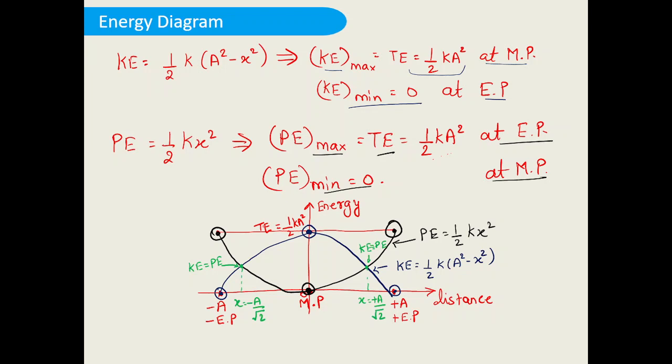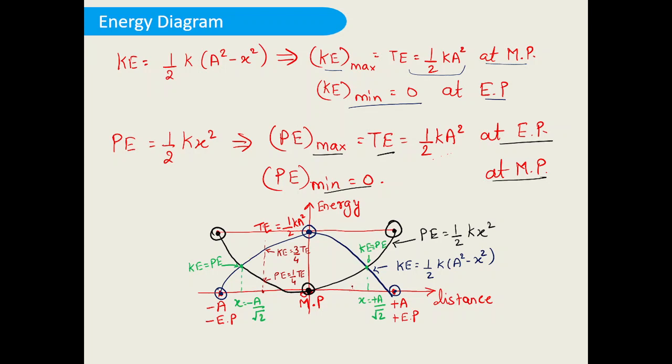While if you look into this, at x equal to a divided by 2, here at this point kinetic energy is 3 by 4 times the total energy, right? And potential energy is 1 by 4 times the total energy.